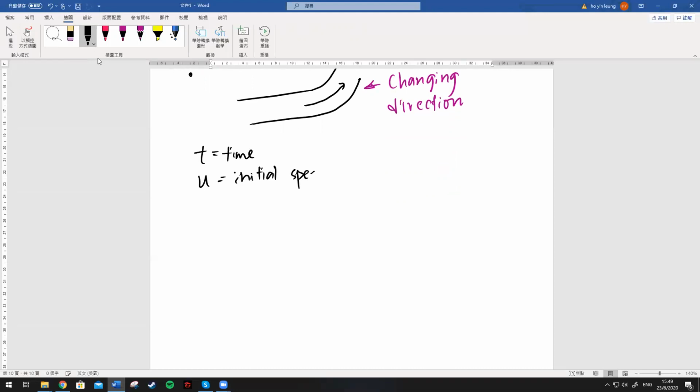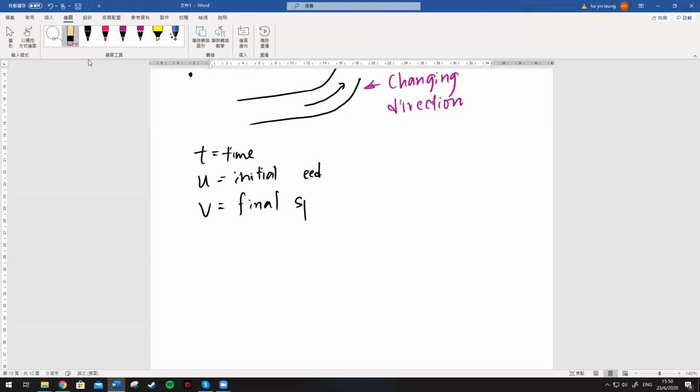By the way, the notion of initial speed is a little bit subtle because it depends on the moment you're talking about. Let's see some example later. This one is a little bit subtle, but let's accept that this is the initial first. And then V is the final velocity.